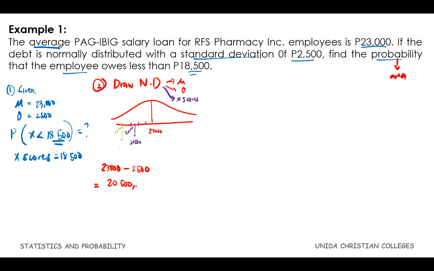At yung nasa gitna nila, ayun si 18,500. So, ngayon, ang kinukuha natin is yung area na mas mababa kay 18,500. Ano yung probability ng mga employee na umutang sila na mas mababa sa 18,500? So, here, sa 18,500, ito yung area ang kinukuha natin.